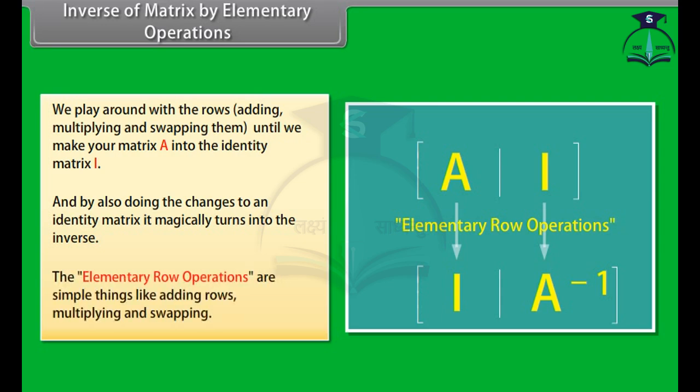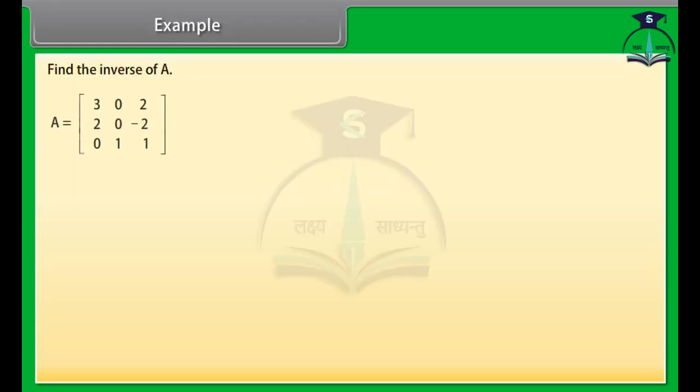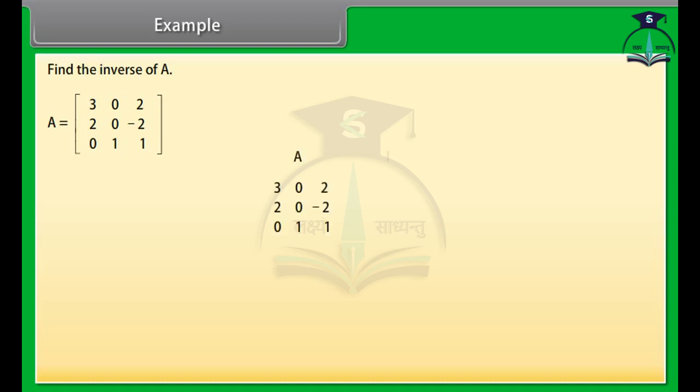The elementary row operations are simple things like adding rows, multiplying and swapping. Let us go through an example in the next screen. Example. Find the inverse of A. We start with the matrix A and write it down with an identity matrix I next to it.